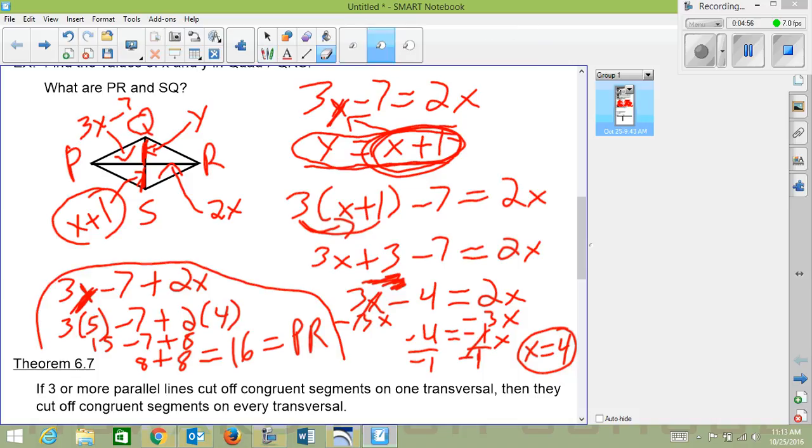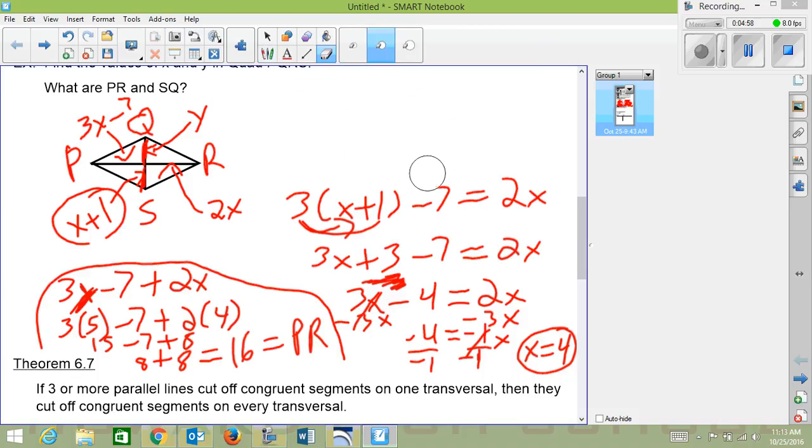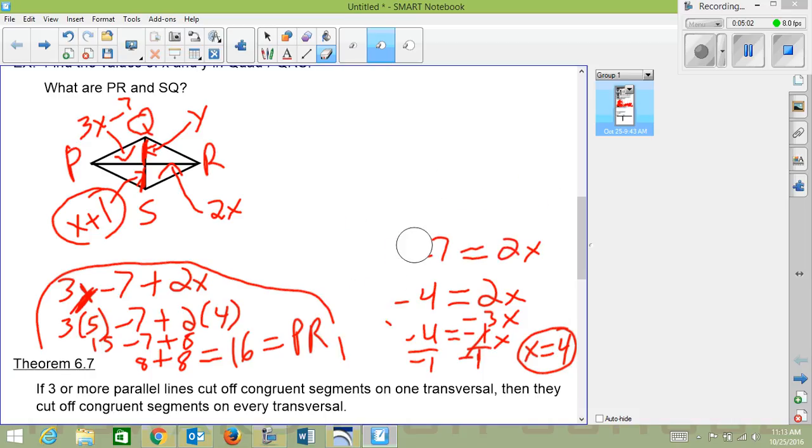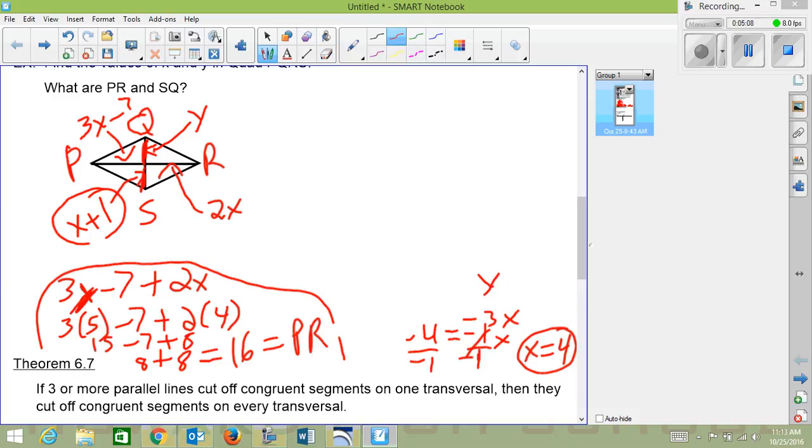I'm going to erase some of this so that I have room to do the rest. I'll just leave the last piece that says x equals 4, and I'll rewrite that y equals 5, which is what we found in one of the first steps. I still need to find QS, or SQ, this whole chunk right here. So x plus 1 plus y equals QS.